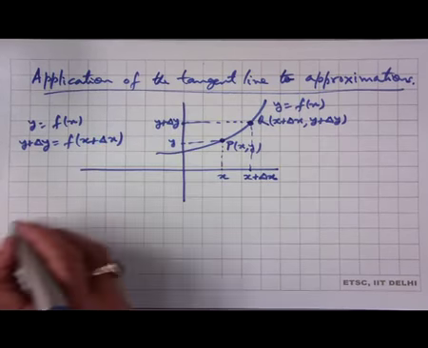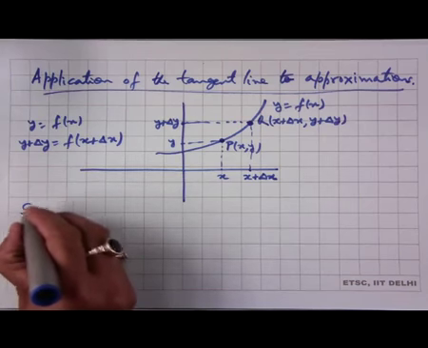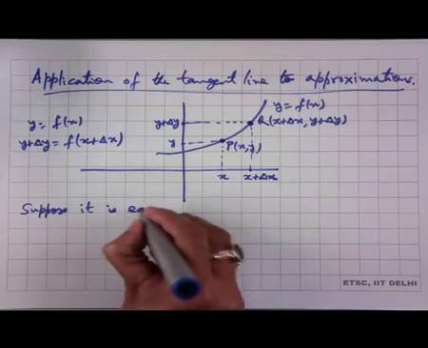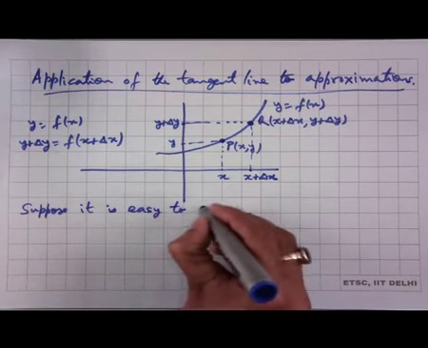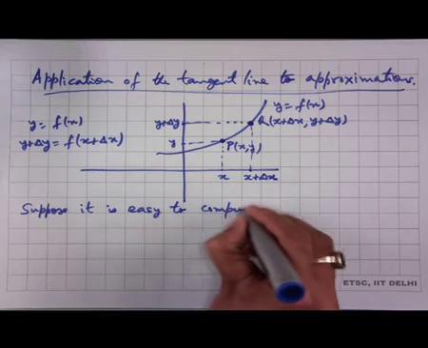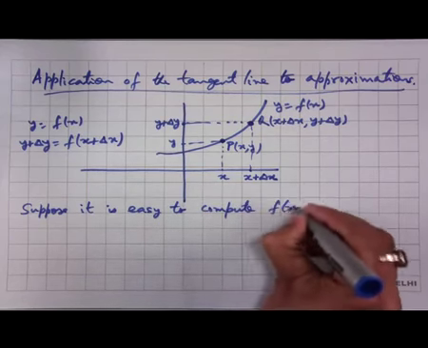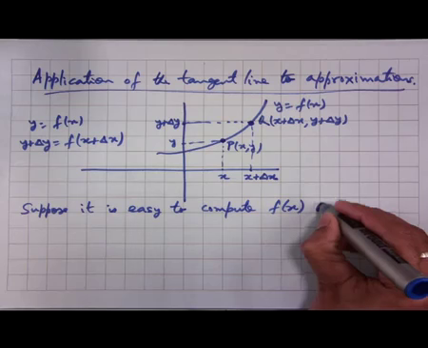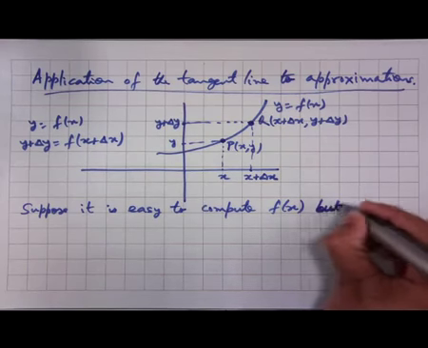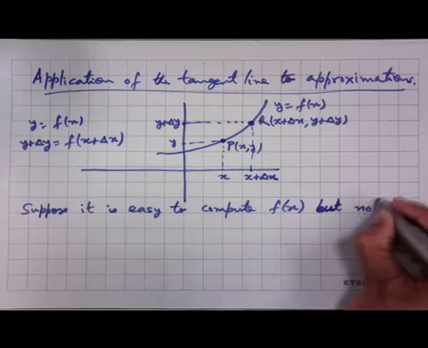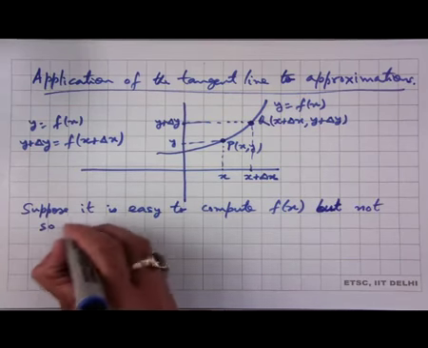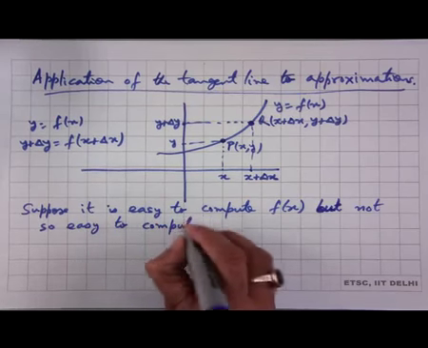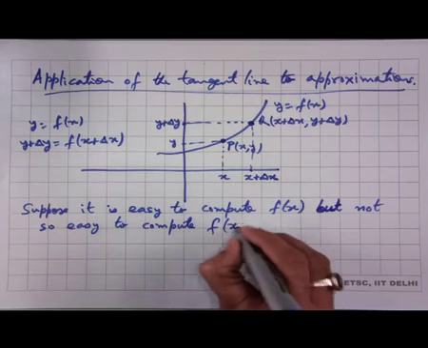Suppose it is easy to compute f at x, but not so easy to compute f at x plus delta x.